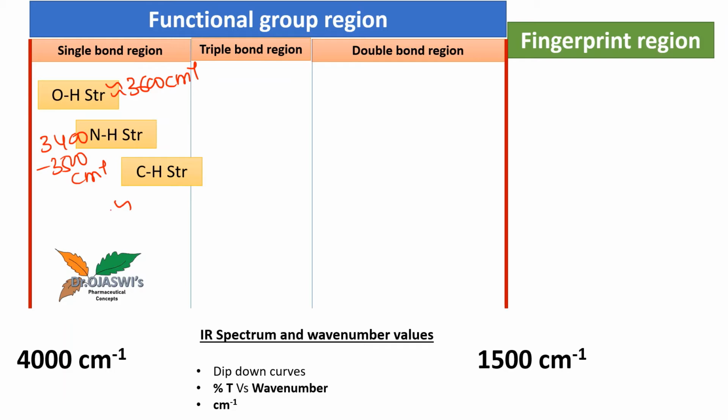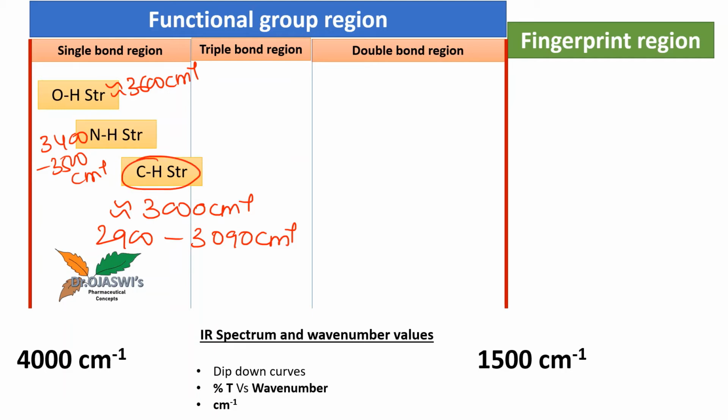All kinds of CH stretchings, that is from alkane, alkene, alkyne or any structure, are around 3000 centimeter inverse. So mainly from 2900 centimeter inverse to 3090 or 3100 centimeter inverse, in this region we get all the peaks which are because of CH stretching.